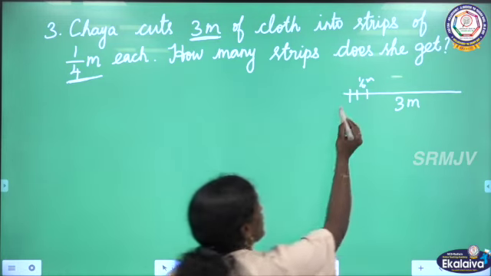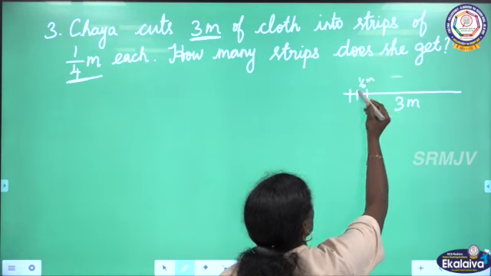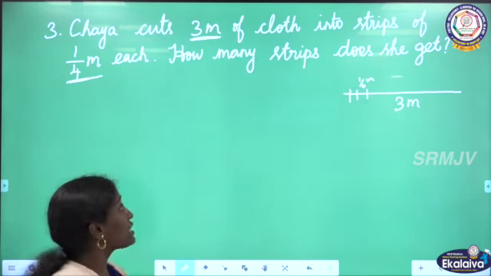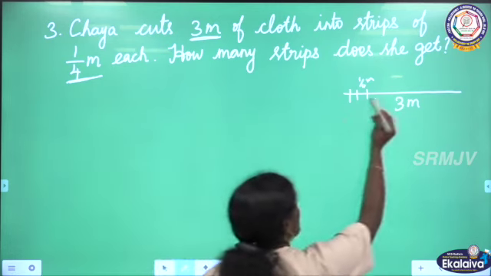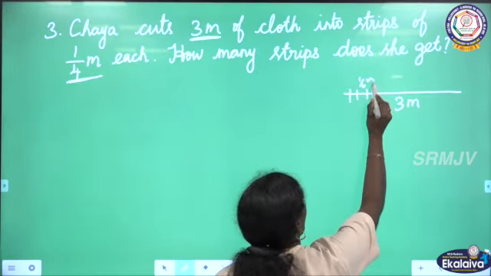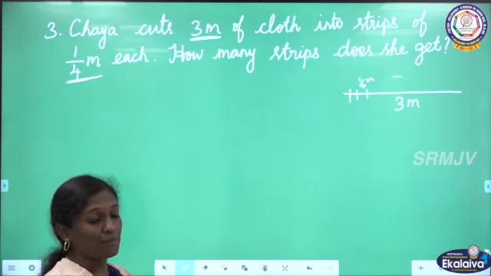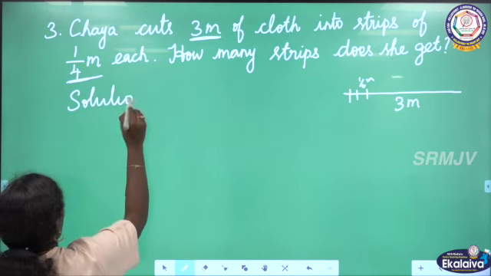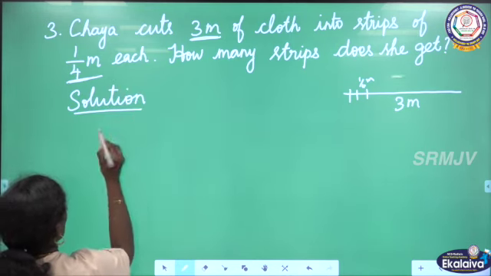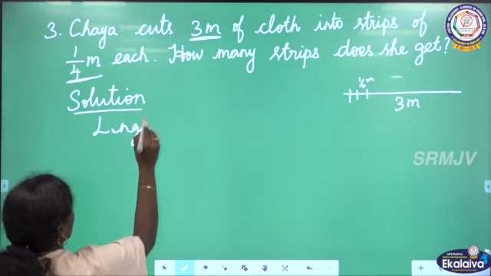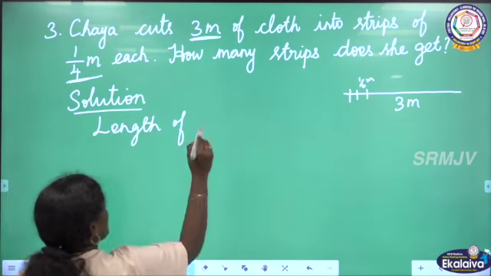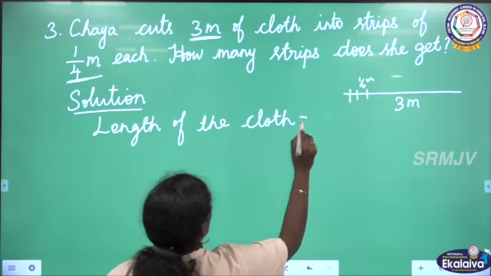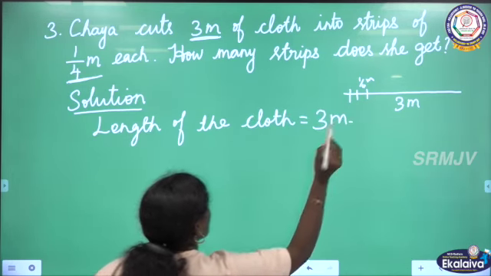Okay, so the total length divided by the length of one stripe. To find out the number of stripes she can cut, we are going to divide the total length of the cloth by the length of one stripe. Okay, let us start the solution. Length of the cloth is equal to 3 meter.